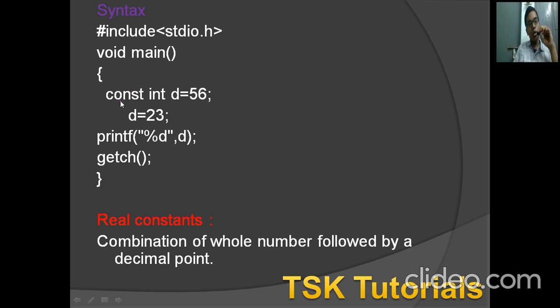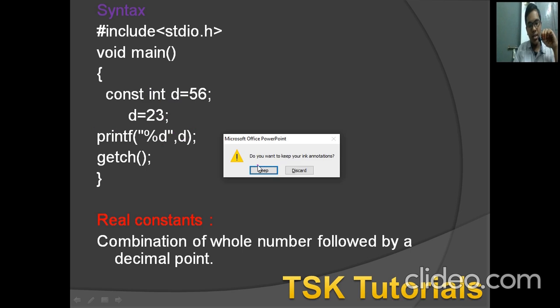First, as I told, we have to declare it as constant: const int m equal to 56. Then I am trying to change the value in m to 23. Then printf: percentage d indicates that it prints an integer, and m is the variable.